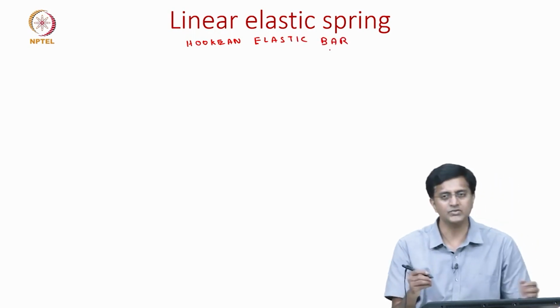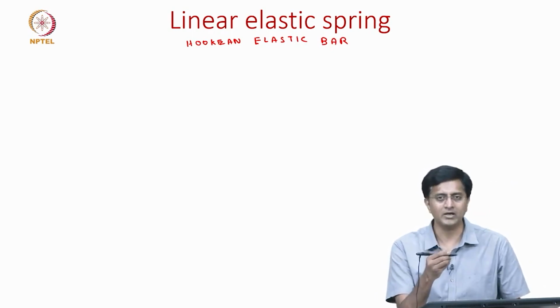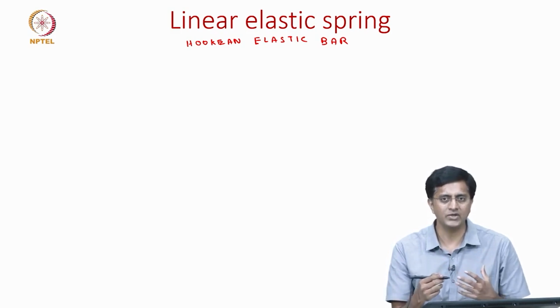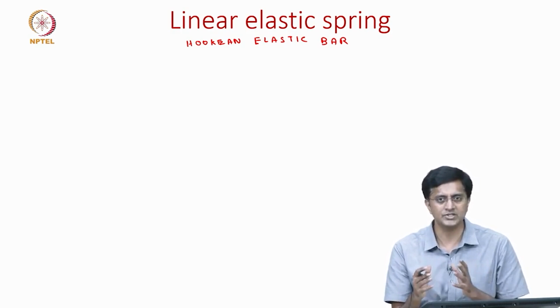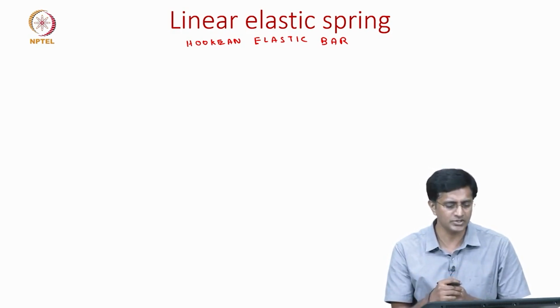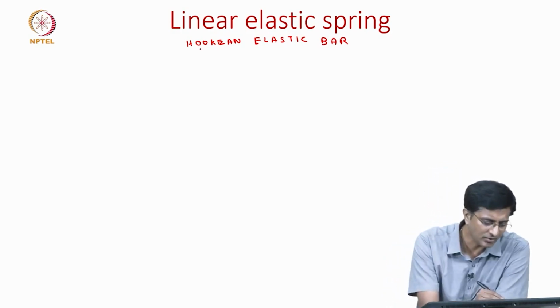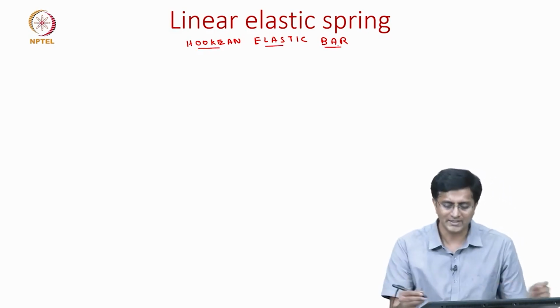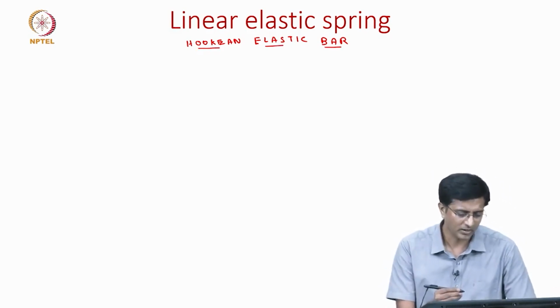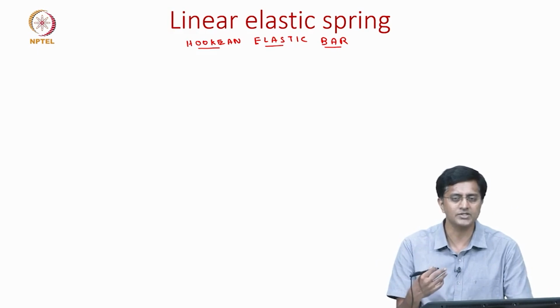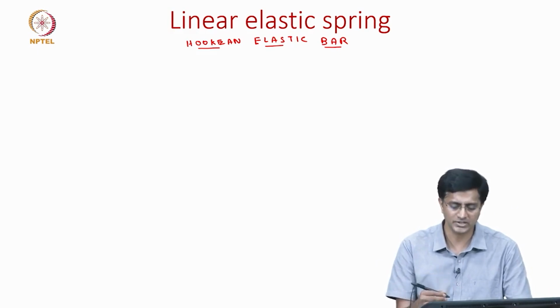We will take an elastic bar made up of linear isotropic material. Linear isotropic material, as we know, follows Hookean behavior, which means stress and strain are directly proportional to each other. That is why we say we are following the Hookean elastic bar. But let us see what we mean by Hookean elastic bar and what kind of relation we get between stress and strain.